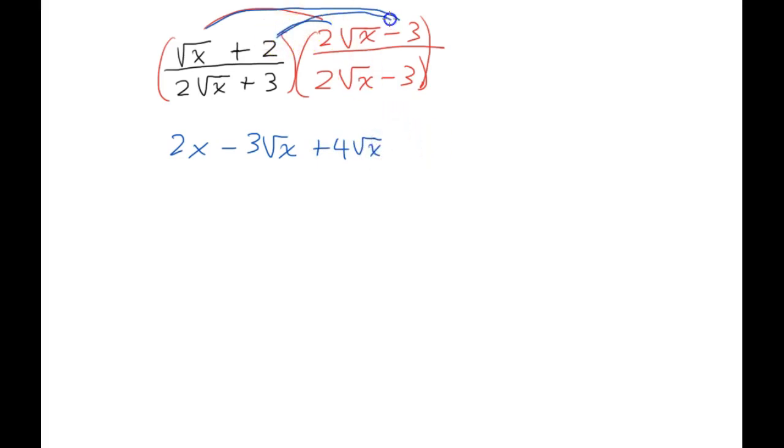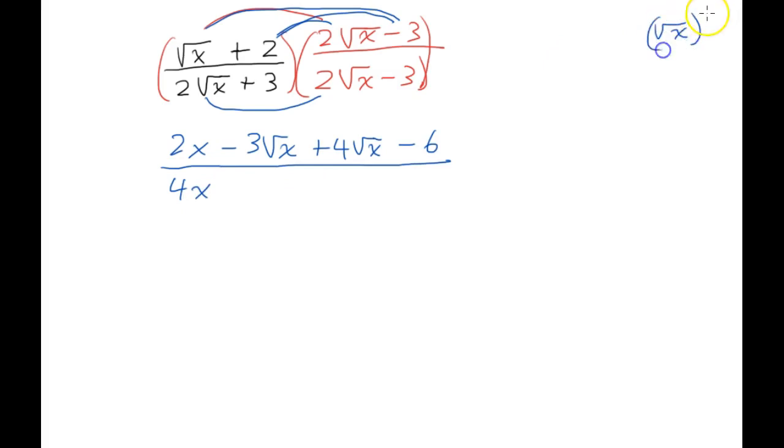And then 2 times negative 3 gives negative 6. That's the numerator. In the denominator, we get 2 square roots of x times 2 square roots of x gets 4 times x. And that is because the square root of x squared just equals x, by the way, as I'm doing that.